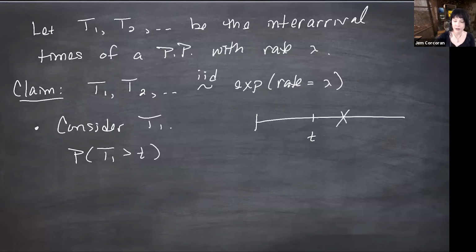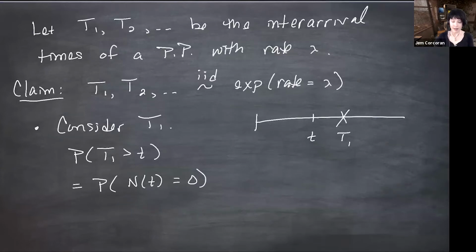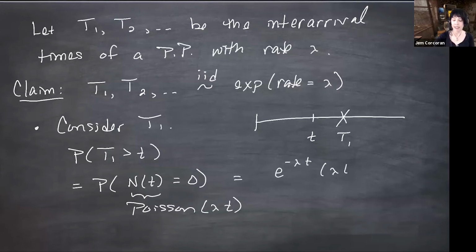So if it's greater than t, that happens if and only if there were no arrivals up to time t. This is the same thing as the probability that the number of arrivals by time t is 0. And this N(t) is a Poisson random variable with rate lambda times t, the length of the interval we're looking at. So this is e to the minus lambda t, to the 0 over 0 factorial, and that's e to the minus lambda t.